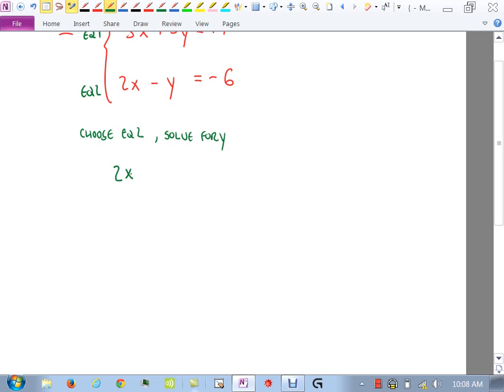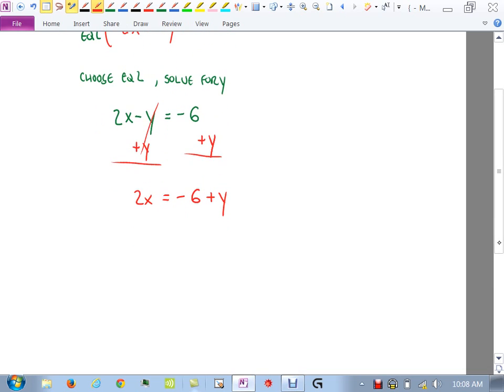Here's equation 2. I'm going to try and solve for y. What I saw a lot of people do is move the 2x to the other side. I have a different kind of idea here. Because y is negative here, if I add y to both sides, they cancel on the left, and I get 2x equals negative 6 plus y, right?